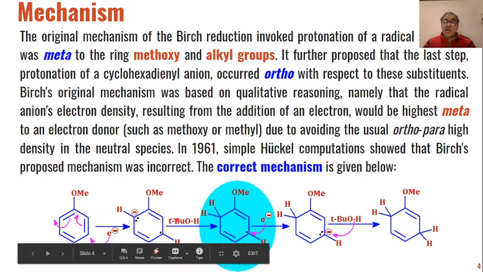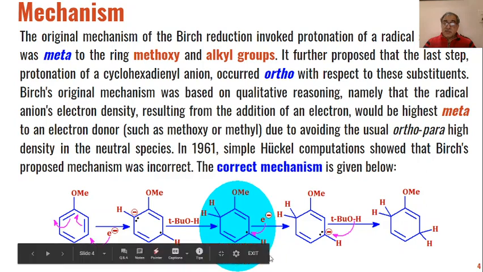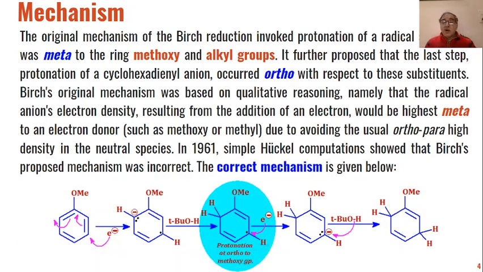So this anion will take up a proton from the tertiary butanol, and we will get this type of protonated cyclohexadiene species, where the protonation in the first step will take place at the position ortho to the methoxy group, or if it is any other electron releasing group, that means ortho to the electron releasing group.